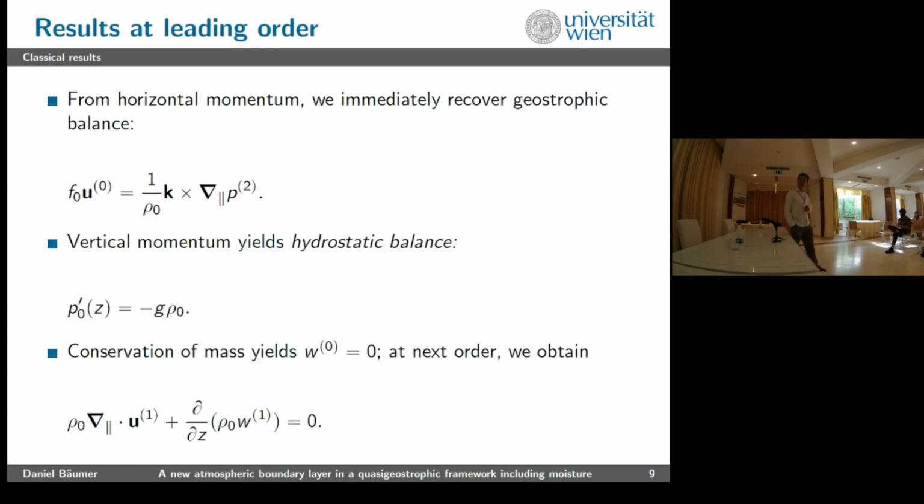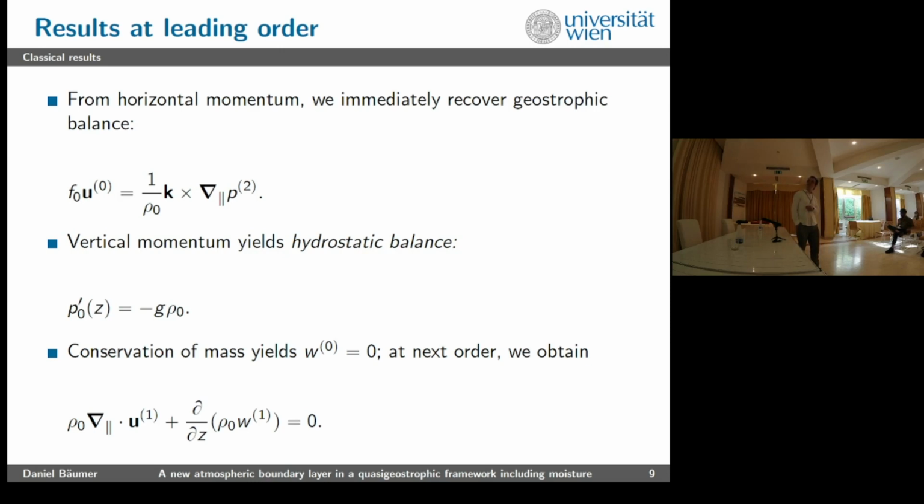And then, if we just insert those expansions and collect terms of the same order in epsilon, we recover the geostrophic balance. So we see here we have U0 and P2. P2 is the first pressure term in the pressure expansion which actually has a horizontal gradient. That's why we obtain this balance. From vertical momentum, we get what is called hydrostatic balance.